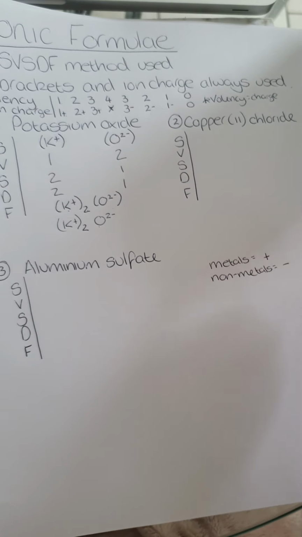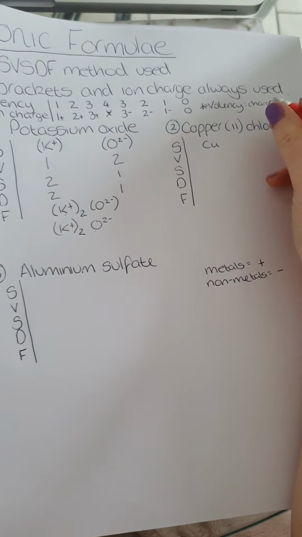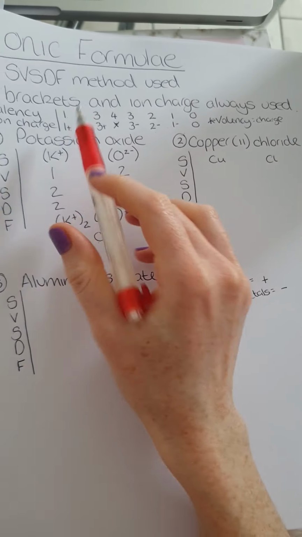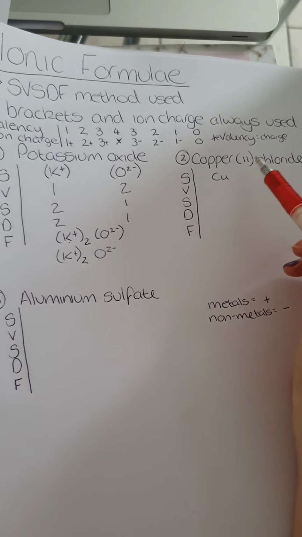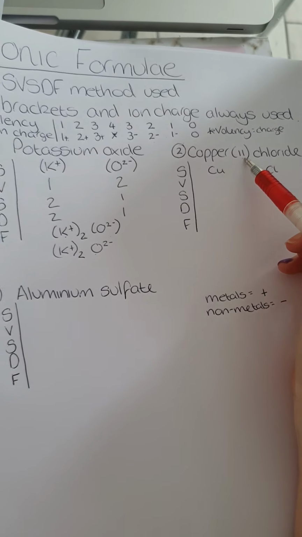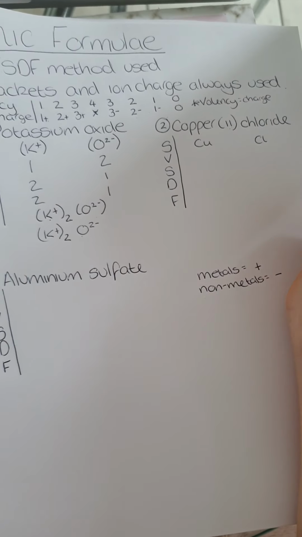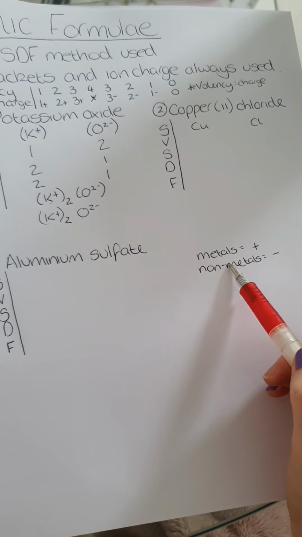So again, copper 2 chloride, copper Cu, use your data book to find that, chlorine Cl. Copper is a transition metal, it is not going to fall into one of these groups, so you're always given the valency as Roman numerals like you've learned previously. So the valency is 2, and to get the charge, the ion charge, we need to use this rule here.